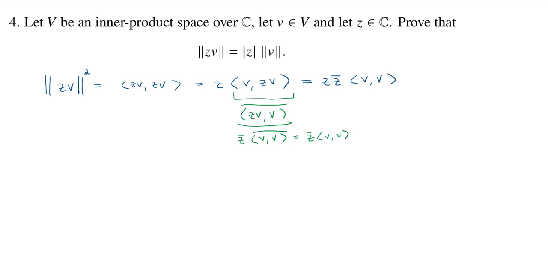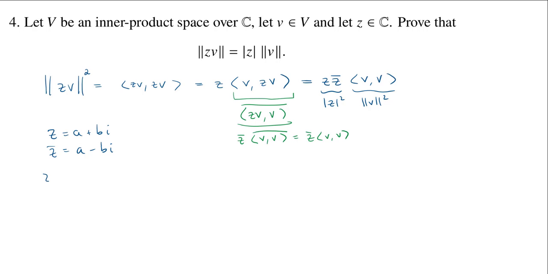Well, the inner product of v with itself is the square of the magnitude or norm of v. And what about z times z bar? What this is going to equal is the length of z squared, and let's see why that is. If I have z equal to a plus bi, then z bar will equal a minus bi.